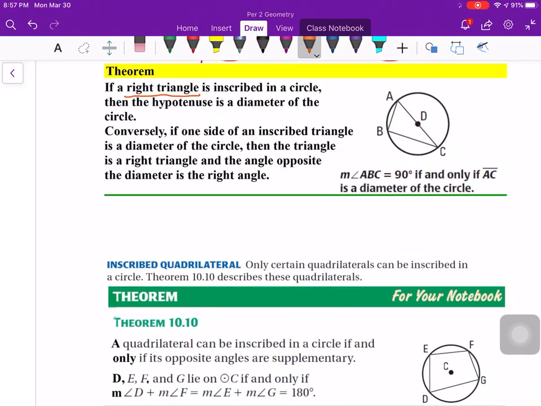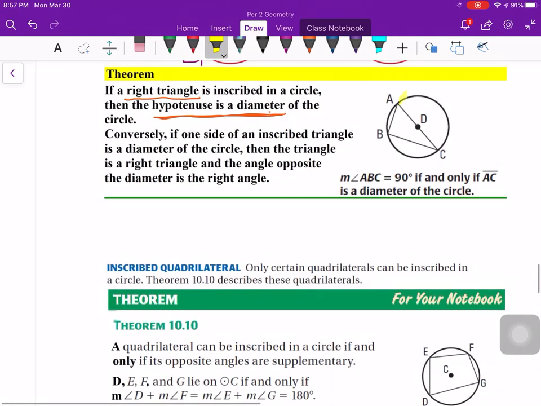Now, if that polygon happens to be a right triangle, then one of its sides is going to be the diameter, and that side's going to be the hypotenuse. And that's because this is going to be a semicircle here, since we have a diameter, and that means that we have a right angle right here.